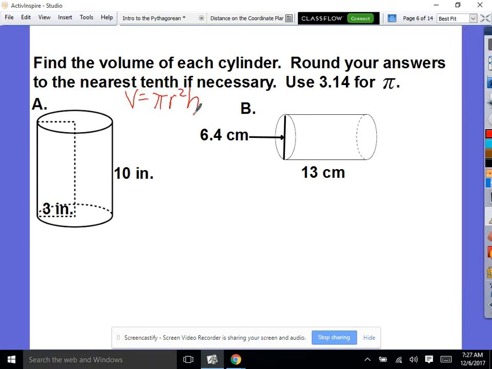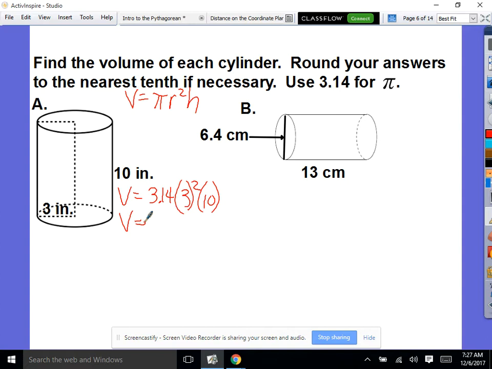And this is definitely calculator problems. So for A, volume equals 3.14, because that's what they tell us to use, times 3 squared times 10. So the volume equals 3.14 times 3 squared times 10.